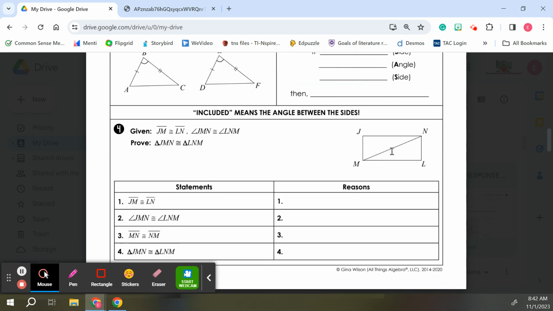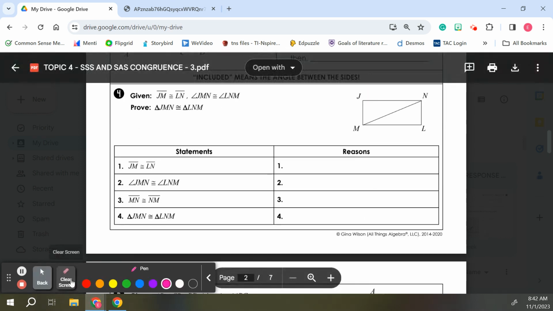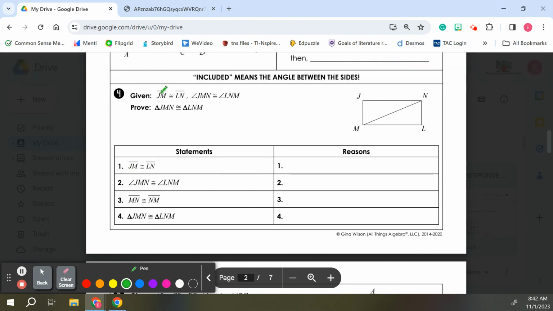All right, let's take a look at number 4. If we take a look, we have JM is congruent to LN. That is given to us. The other part that is given to us means that angle JMN is congruent to angle LNM, which is right here.